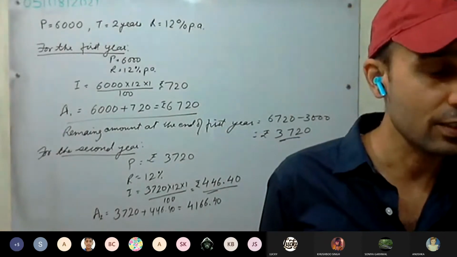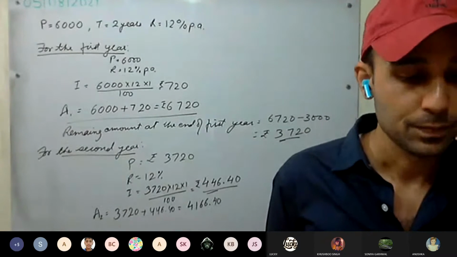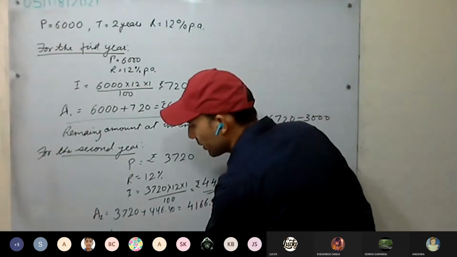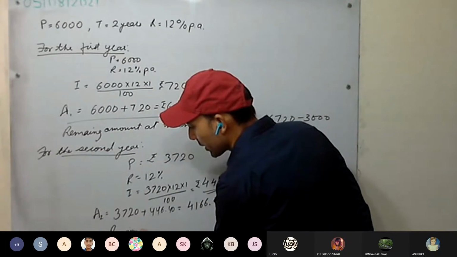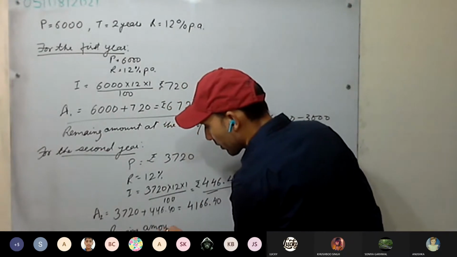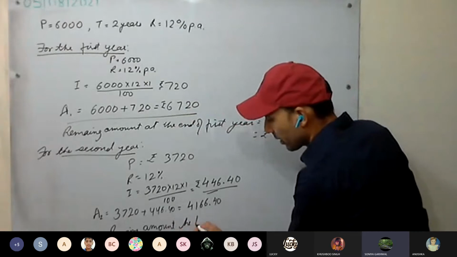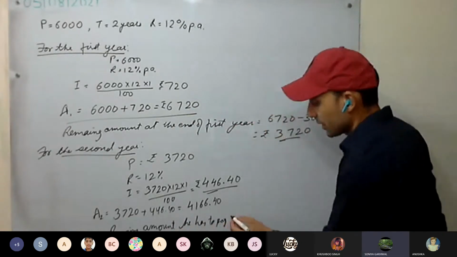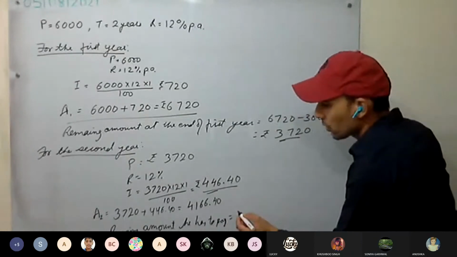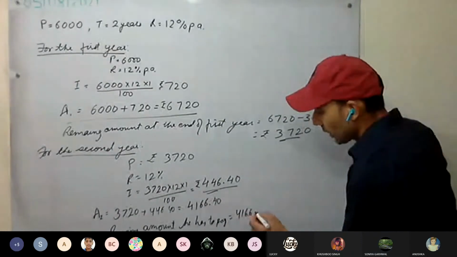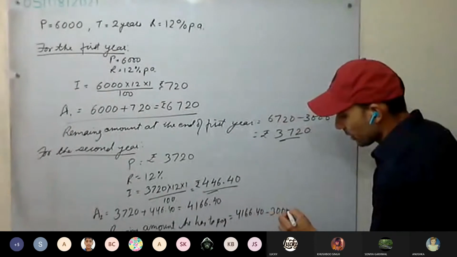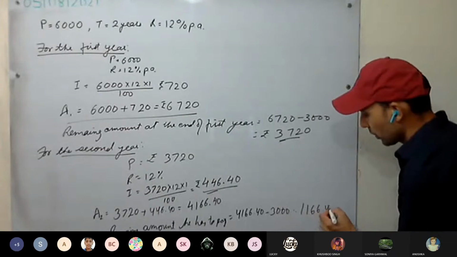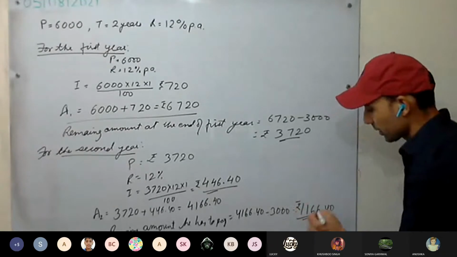Now see, at the end of this year as well, he has paid 3,000 rupees. So the remaining amount that he has to pay will be 4,166.40 minus 3,000, which is 1,166.40 rupees.